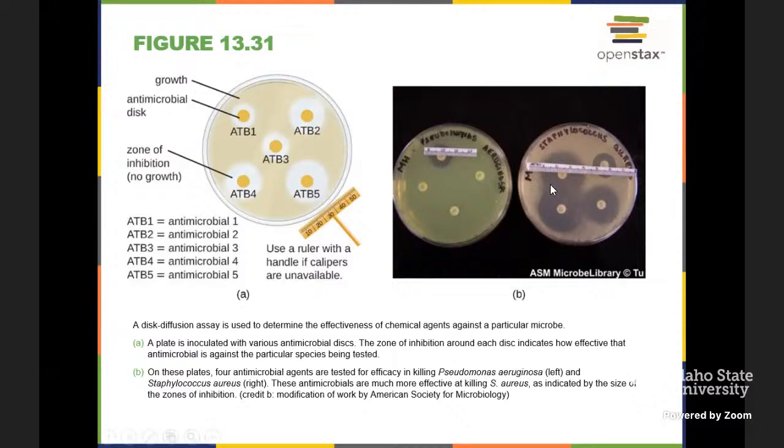So the zones, same idea as looking at these different chemical agents. We measure the zones, and ultimately each of these discs have a range where even a small zone looks like it might be doing it, may not really be your drug of choice. A great big zone, typically we think those likely would be a better drug of choice.